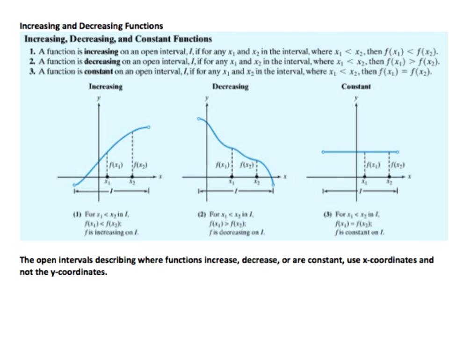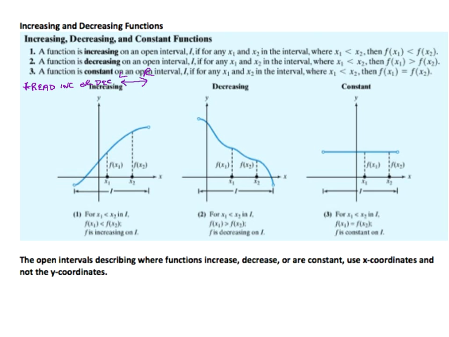Let me get my pen going here. Let me get a different color than the blue. All right, so the first thing that I want to point out is that you read increasing or decreasing from left to right, just like you read a book in the United States, because not everybody reads from left to right.